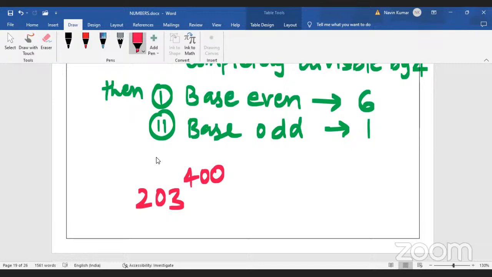This unit digit is 3, which is an odd number, so answer will be 1. But if I take 208 to the power of 404, again this power is completely divisible by 4, but right now this base unit digit is 8, which is an even number, answer will be 6. Is it clear to everyone?